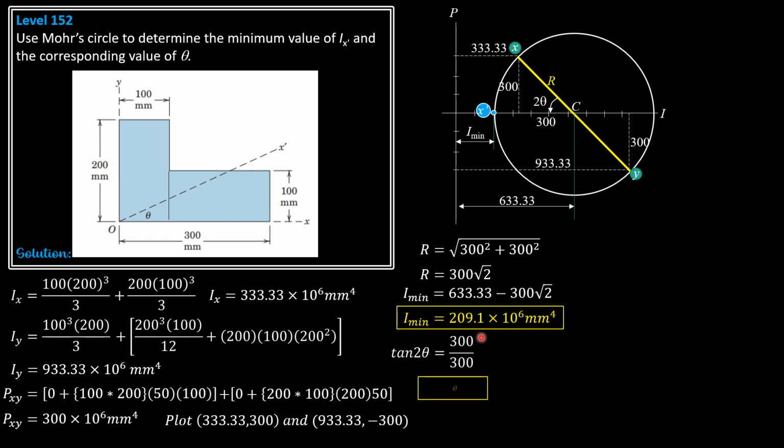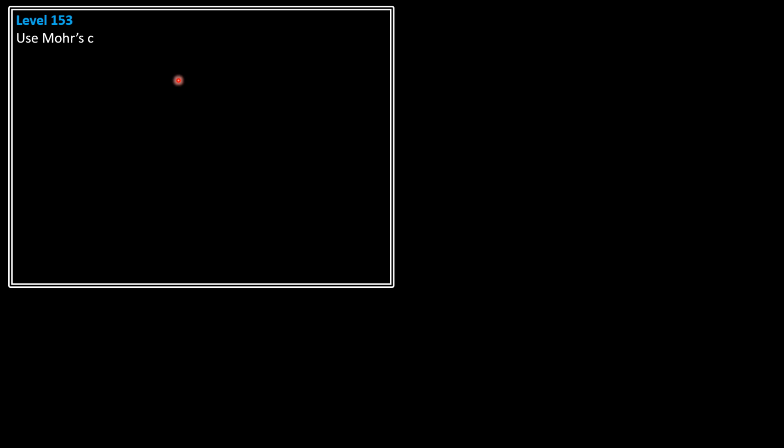So 2 theta is 45 degrees. So that means theta is 22.5 degrees. So that's it for this problem, and I hope that you were able to follow and understand the explanation and solution.